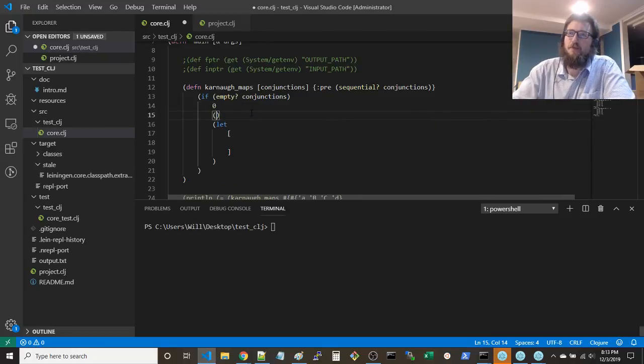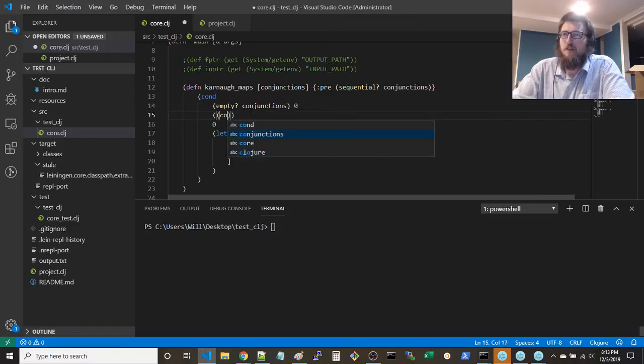Actually, another if. That's more what we're after here. Count of the first of these conjunctions. If that exceeds, we'll just say 26.